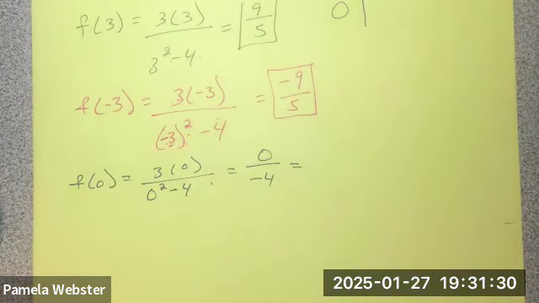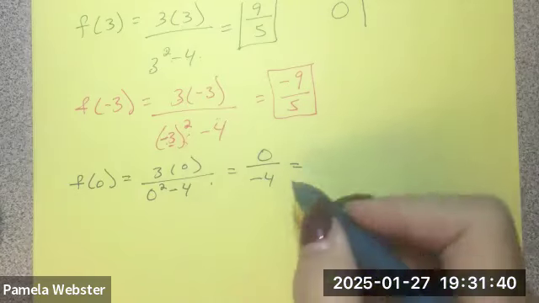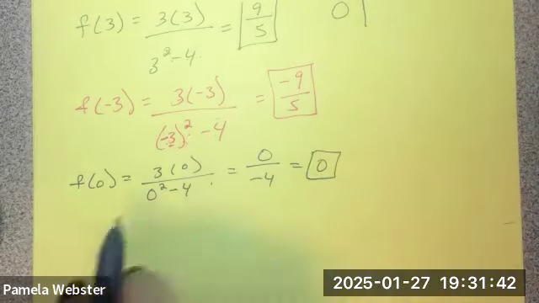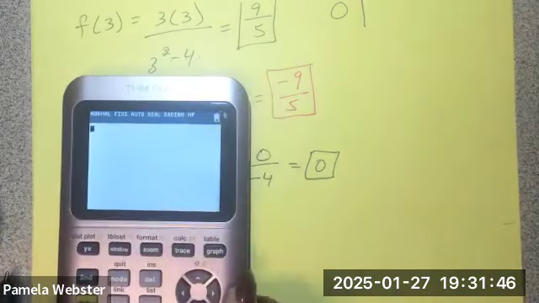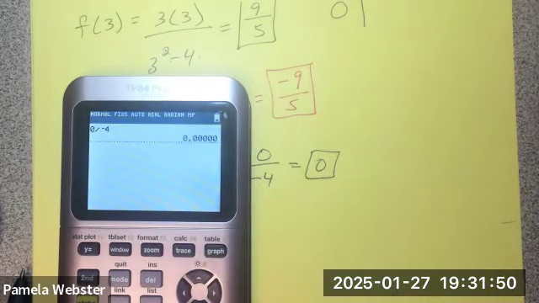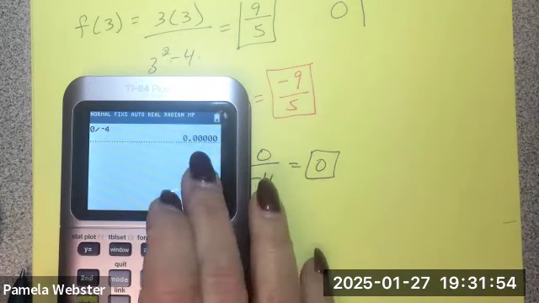We can't divide by 0, but we can have 0 on top, right? 0 divided by -4 is what? It's a 0, okay? You can do 0 divided by anything, and you will always get a 0. If you don't believe me, the calculator knows all, right? 0 divided by any number, we're okay with 0 on top.